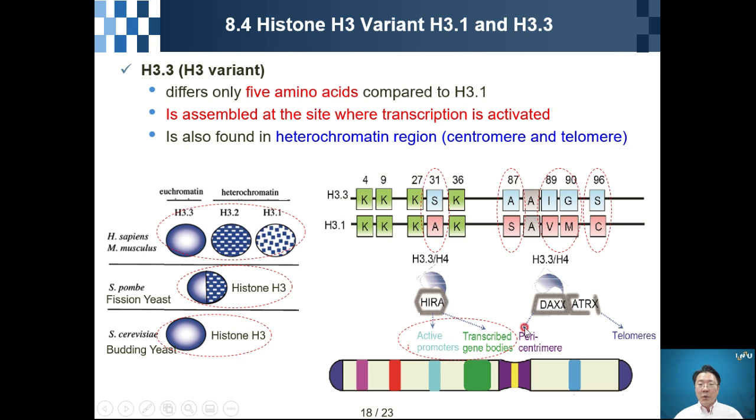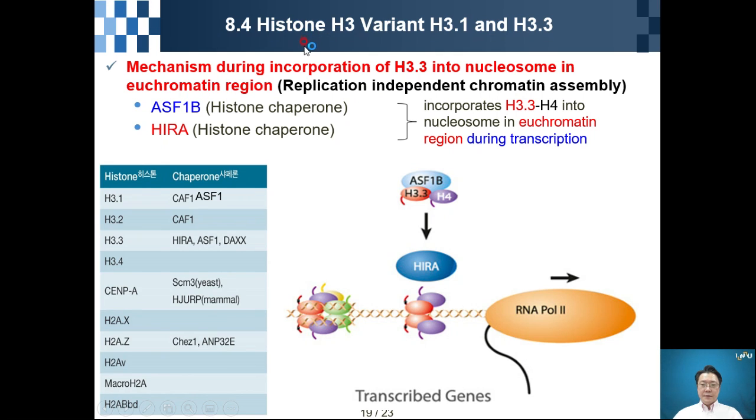And H3.3 is also found in the heterochromatin region, especially in the centromere region and also the telomere region. Okay, so in this slide, I will explain the mechanism during the incorporation of H3.3 into nucleosome, which is located in the euchromatin region.